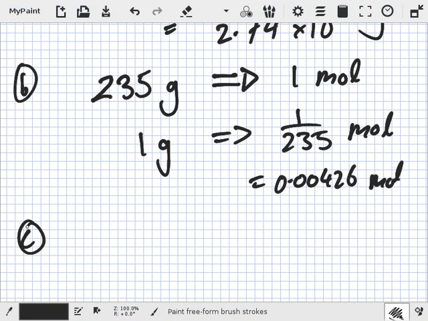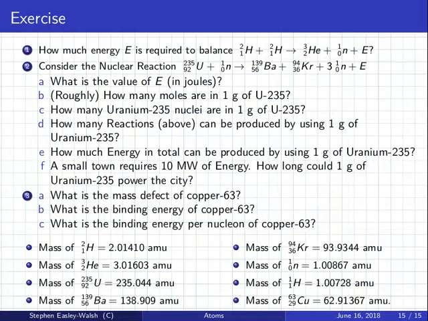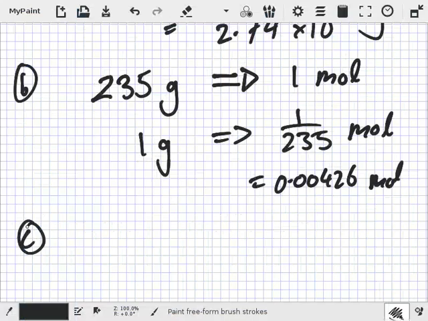Okay, C. How many nuclei are there? Well, you have how many moles, so according to your chemistry, how do you get the number of atoms or nuclei if you know the mole? It's Avogadro's number times the number of moles.